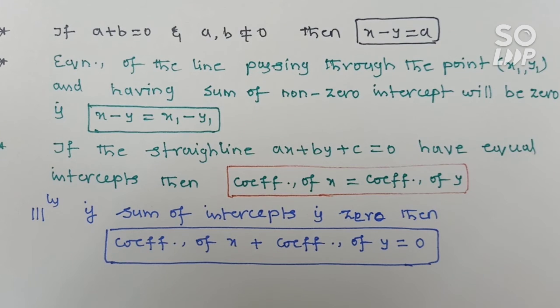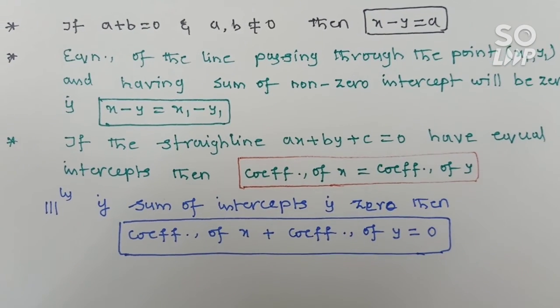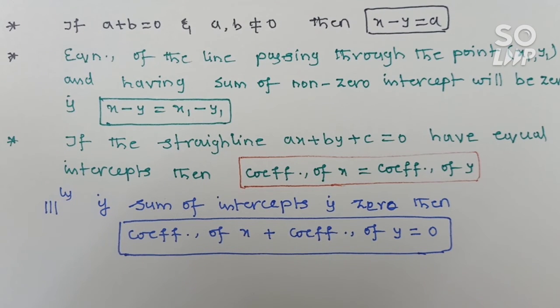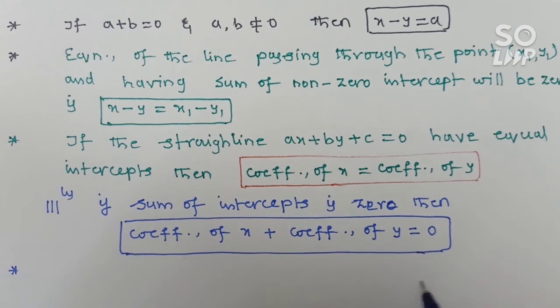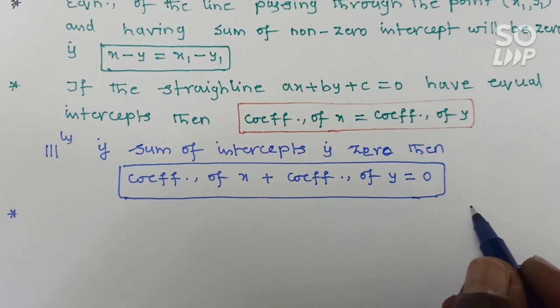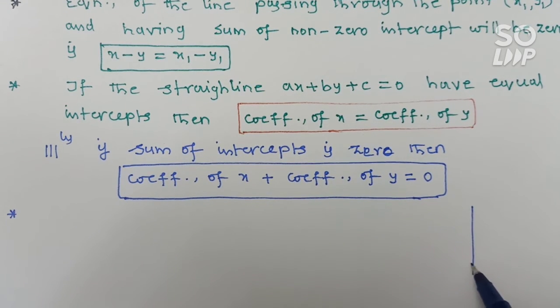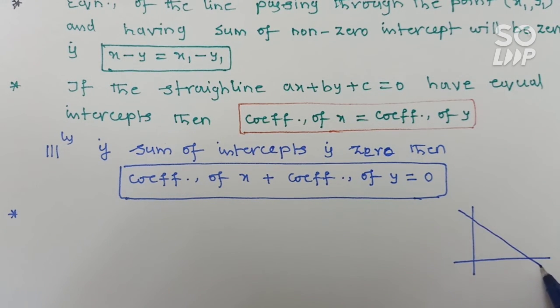So the next concept is, if the intercepts are in the ratio m is to n, the equation of the line passing through, see, this one is that line.